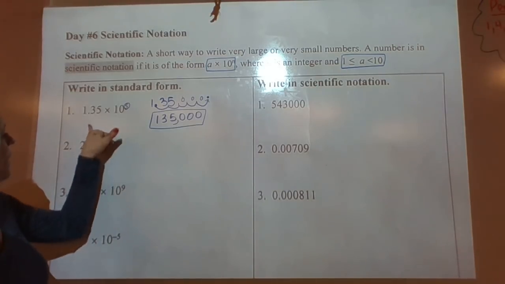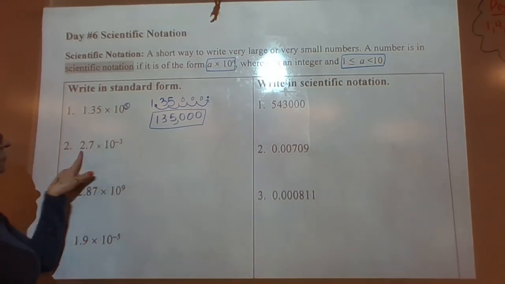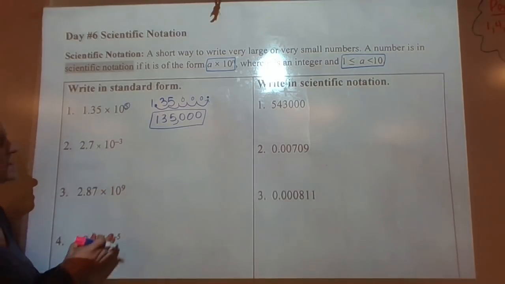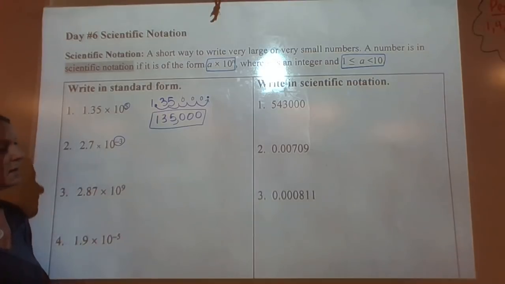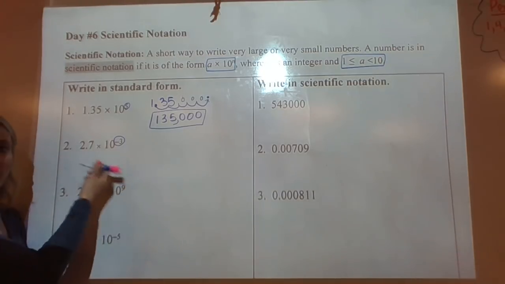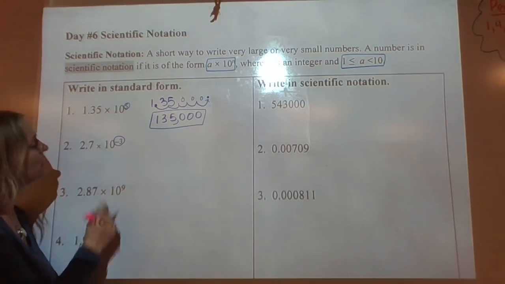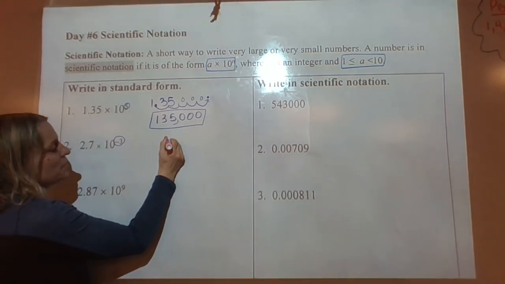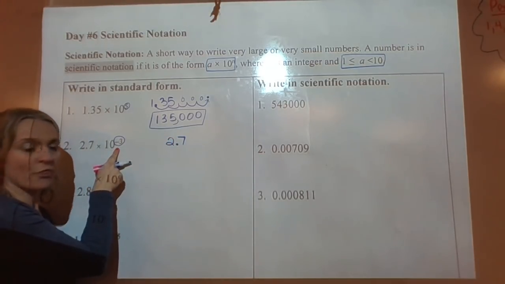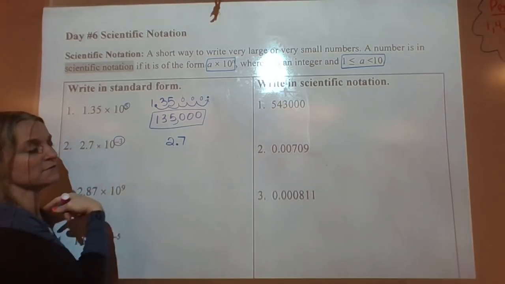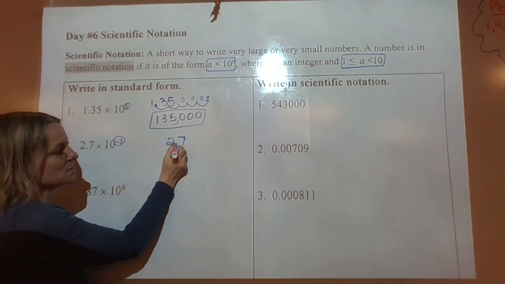Okay. All right, now this one, 2.7 times 10 to the negative 3rd power. When we have a negative exponent, it ends up moving the decimal backwards, making the number smaller. So again, I'm going to start off with my 2.7, okay, and move my decimal 3 places, but to the left, since it's negative. Negative, again, will make it smaller.